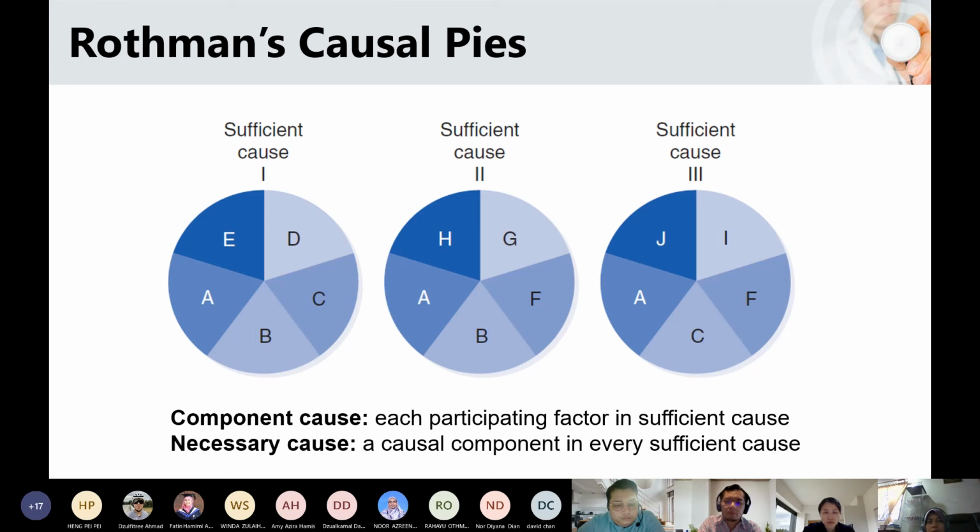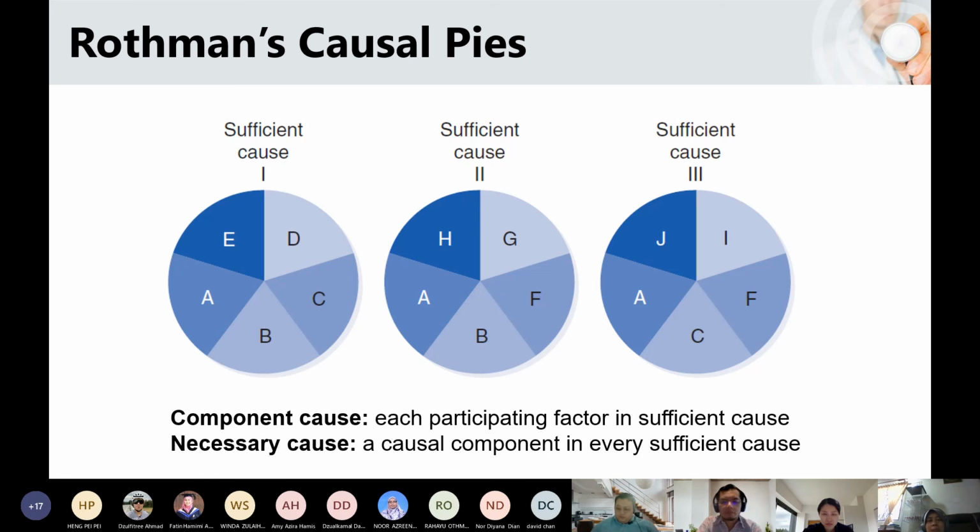So this is the necessary cause. For example, in dengue fever, there is the mosquito at this time, there is the environment, there is the host, but if the mosquito has no virus, then the necessary cause is the virus. The virus must be present. So this is how Rothman tried to develop a model to explain cause, called a causal pie. But this is just basic.